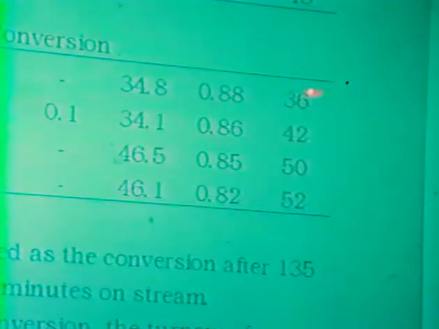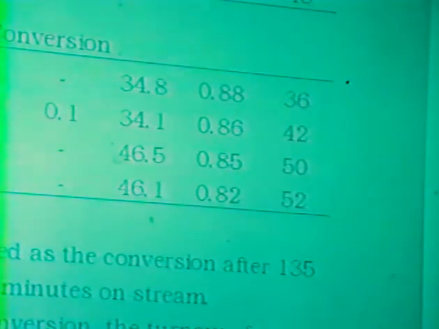It starts out at 36% for the pure platinum, that is to say, it retains 36% of the activity between 15 minutes on stream and 135 minutes on stream. And in fact, the decrease is much less when we add the nickel. So this is some evidence that the nickel is stabilizing it against deactivation.